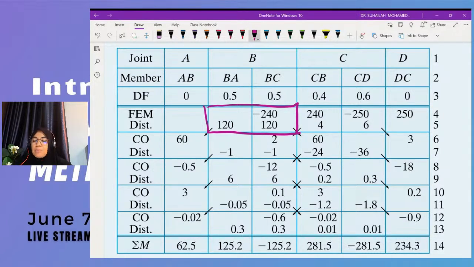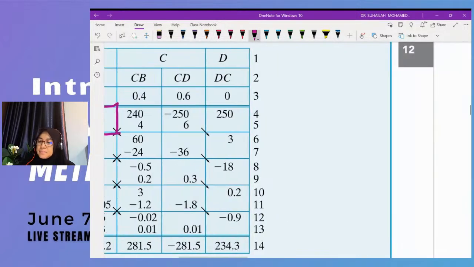So move to joint C. We have moment from CB, which is positive 240, and another one from CD, which is negative 250.